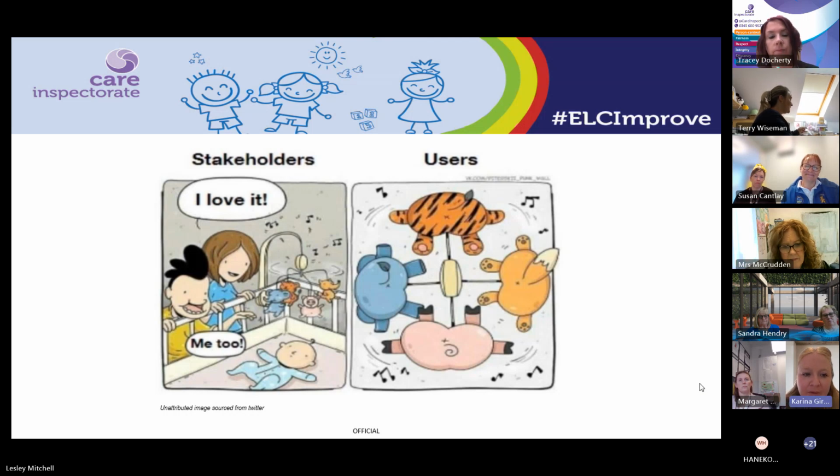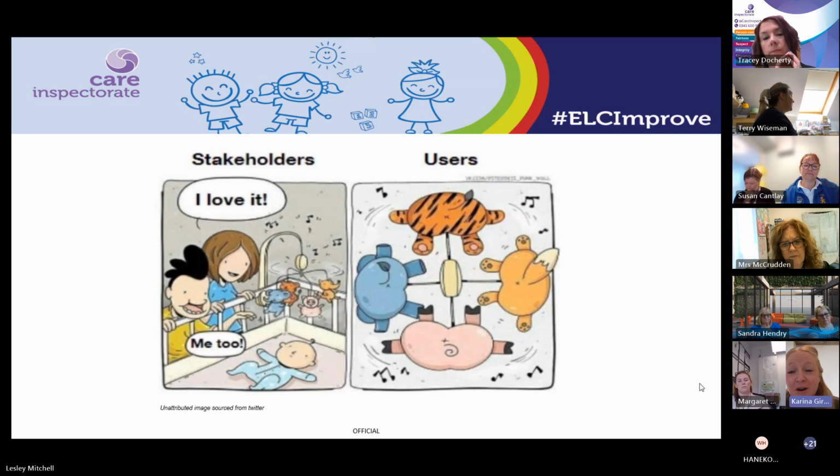When you're carrying out your self-evaluation or looking at your systems within your service, you need to make sure you're gaining the feedback effectively from those people. This links to Article 12 because you're seeking the views of your children and others. But what you need to do is make sure that you're tailoring those questions or those consultations with people so that they're effective.